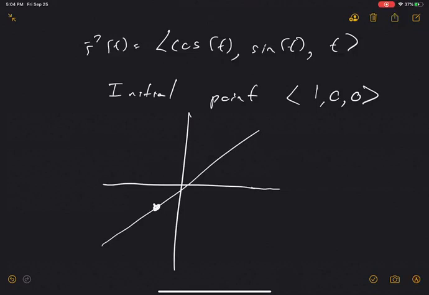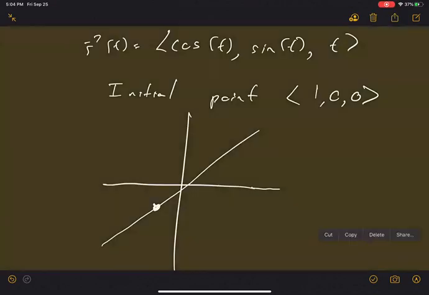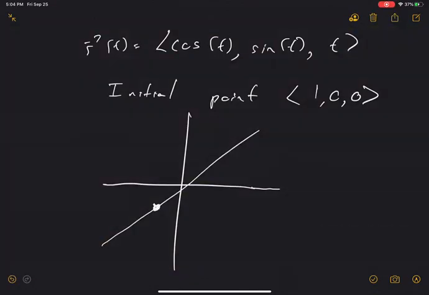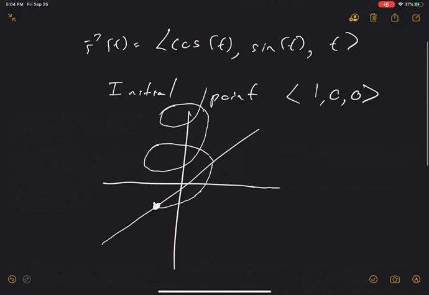As t goes to pi over 2, it's a spiral, and it's spiraling up around the z-axis, right? Like this. Okay, so that's what's going on.